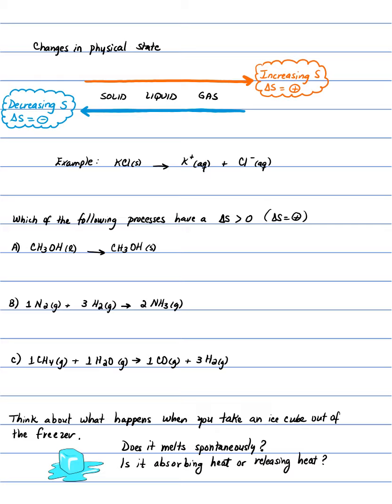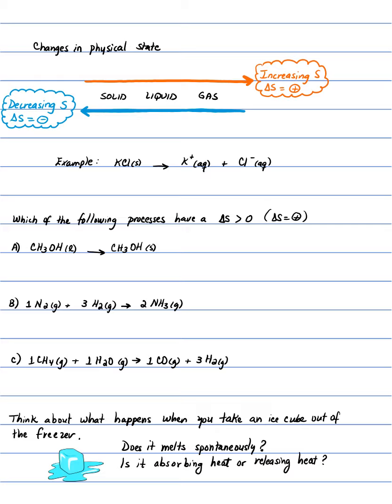So we're going to be looking at changes in physical state, going over the physical states I have listed here: solid to liquid to gas. You know that particles in solids are very well organized. They're close to each other. They cannot move around because there's no space between them.